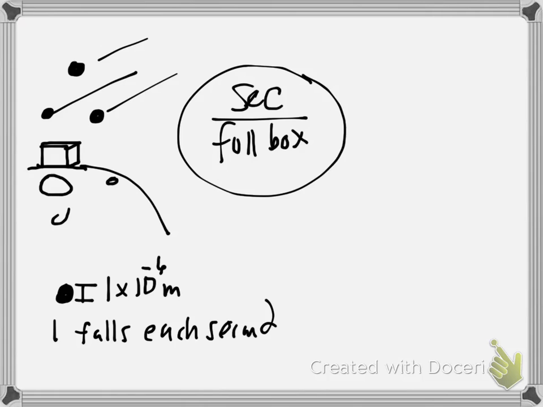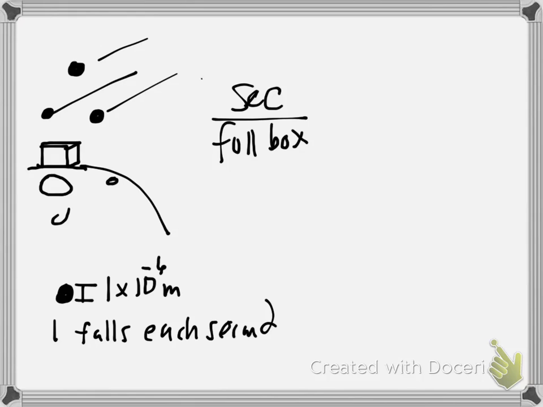Well, it's going to be how long does it take to make a full box? Seconds per full box. What that does is it starts to guide me when I set up a factor label. So if I start off and I've got seconds on the bottom somewhere, I look back at this and go, oh, I'm screwing something up. So I find that laying out what units I'll end up in initially is helpful.